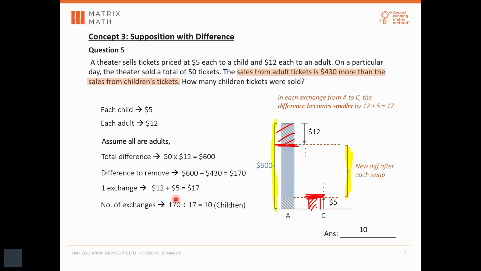So when you read a question, you need to know: is this a penalty question, a supposition with difference, or a normal supposition question? That's the key thing, to identify what type of supposition it is. Okay, I think I get it now.